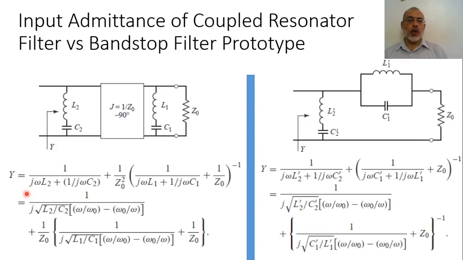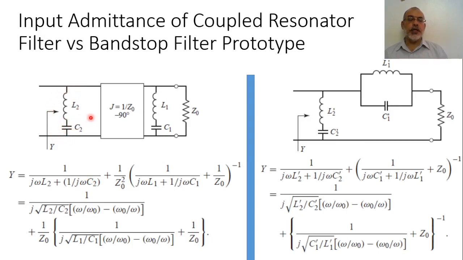The input admittance Y is the admittance of the first section, which is 1 over j omega L2 plus 1 over j omega C2. This is the admittance of the first branch.